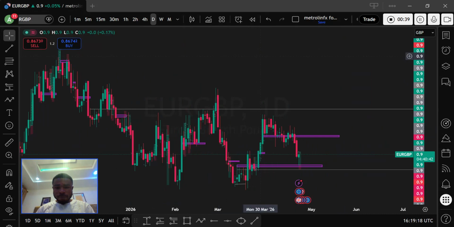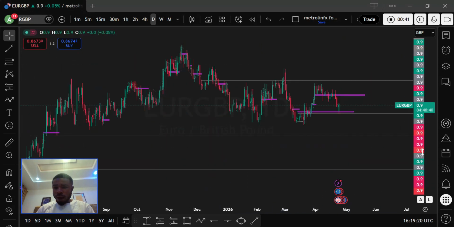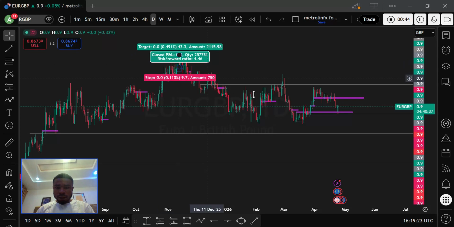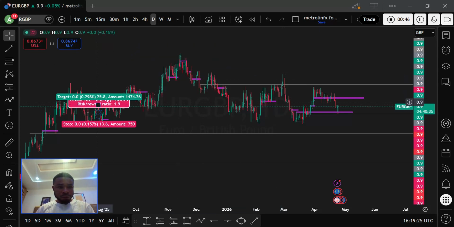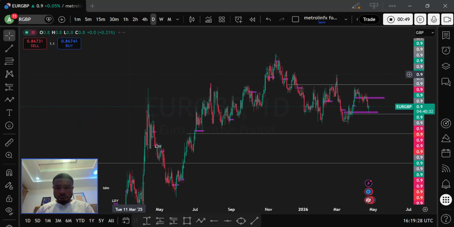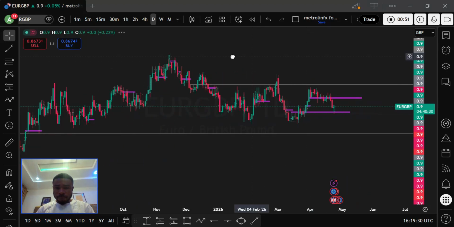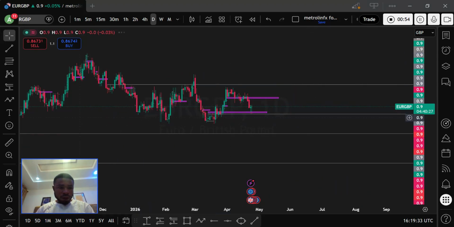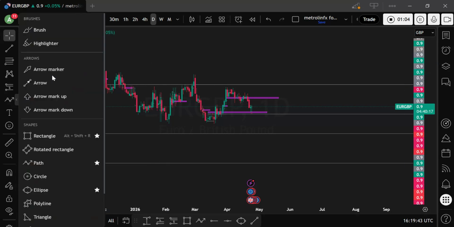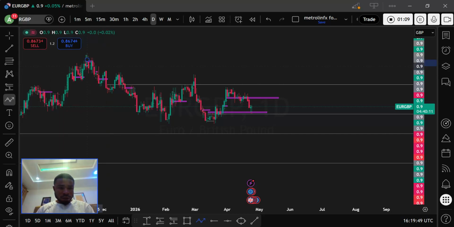So this is the daily time frame. We are currently on a downtrend on this market. As you can see, you have a series of lower high, lower low, lower high, lower low.